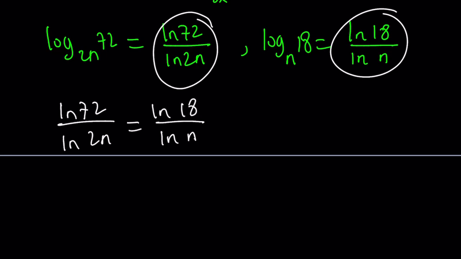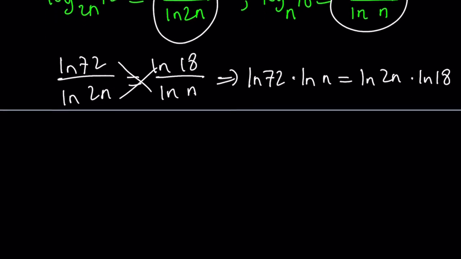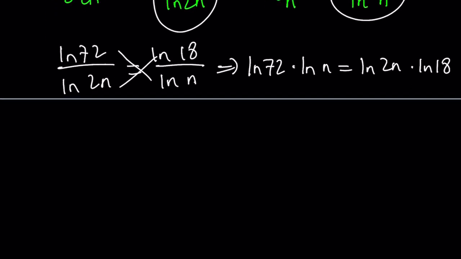So how do you solve for n from here? The first step should be cross multiplication. Let's cross multiply. From here we get ln 72 times ln n equals ln 2n times ln 18. Now there's a couple things we can do here. First of all, we can split this up.